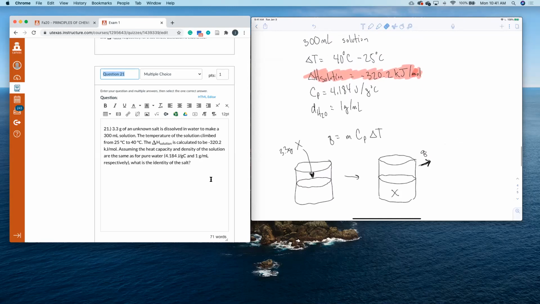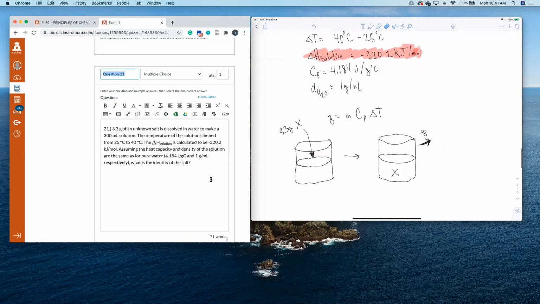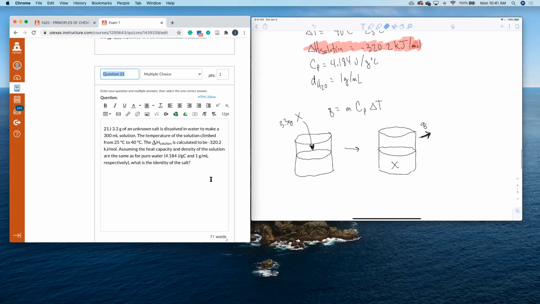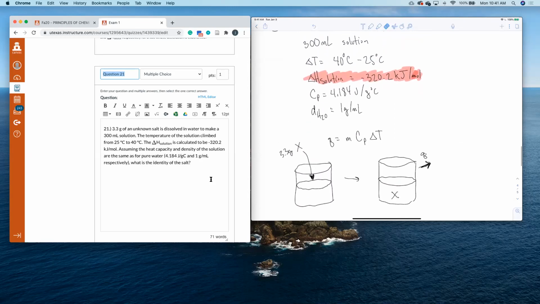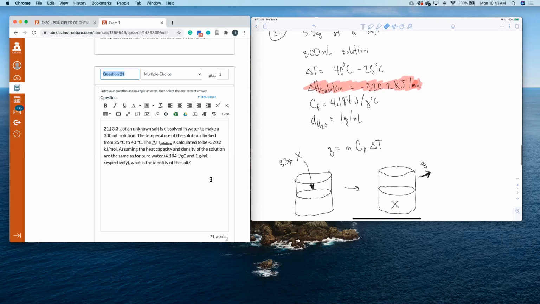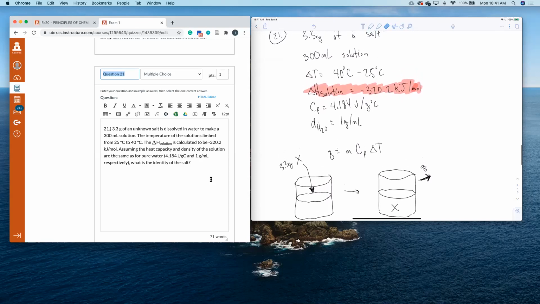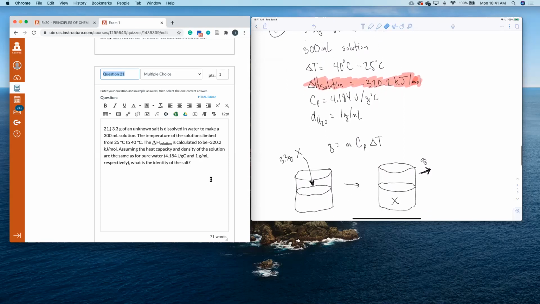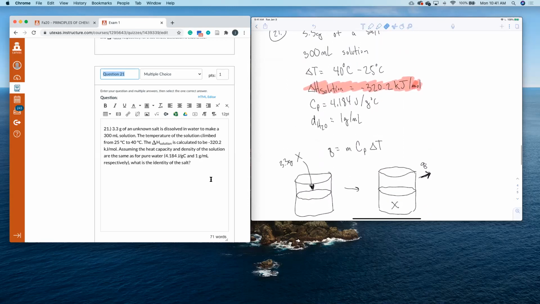Assuming the heat capacity and density of the solution. We'll have to think about that. So yeah, okay. I think I see how to do it. So I think I see how to explain it at least.